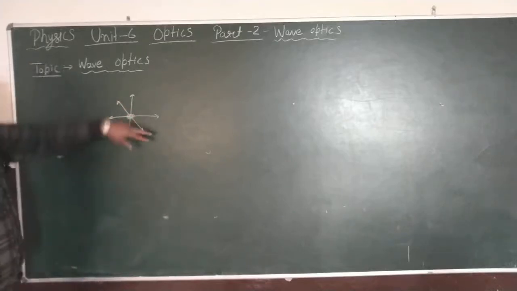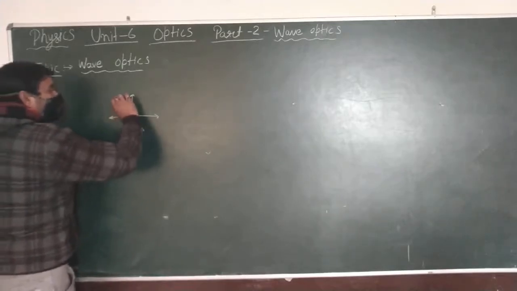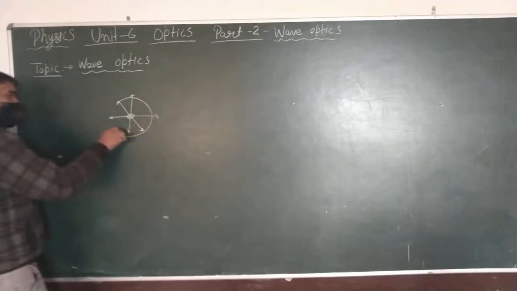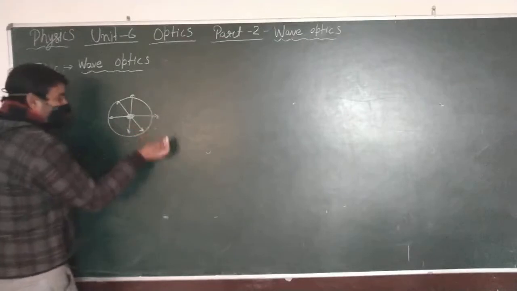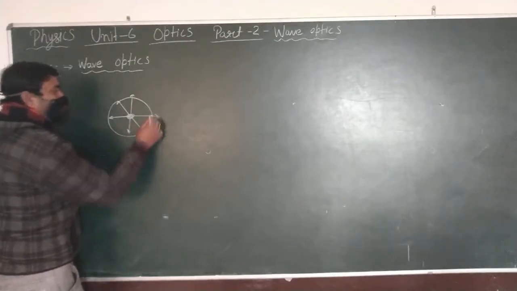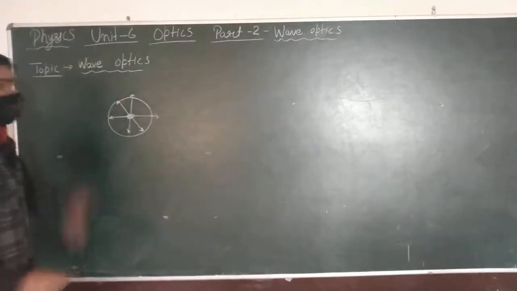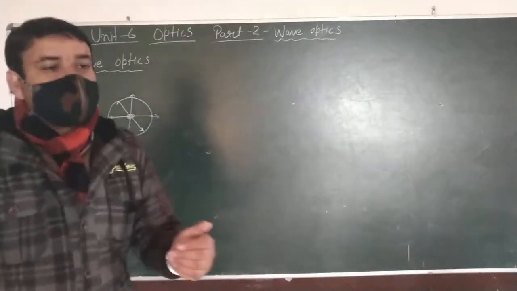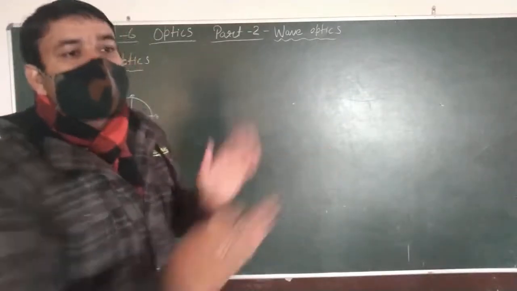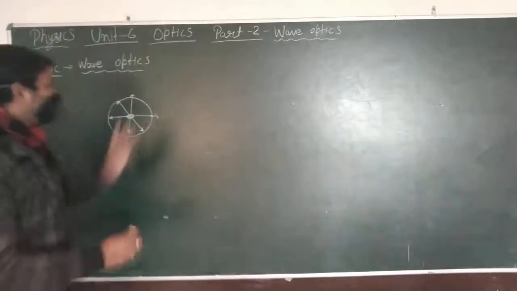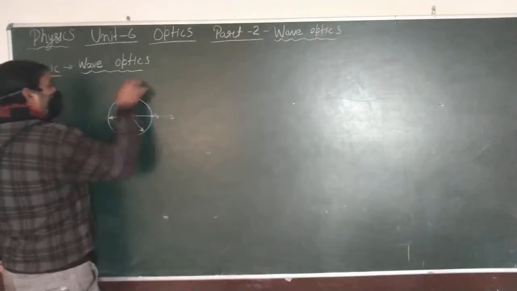And when we join all these points, we get a sphere. According to his theory, all the consecutive points which form this sphere behave like a wavefront, which means every point is able to regenerate the wave in the same direction as it was traveling earlier. So these are moving like this.